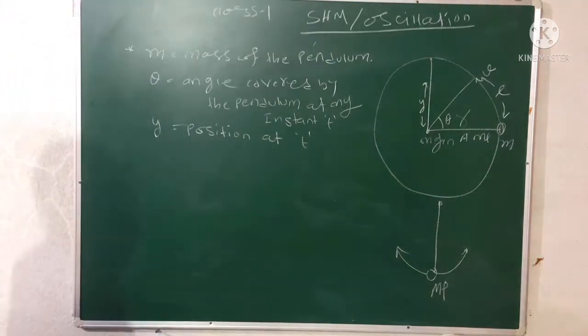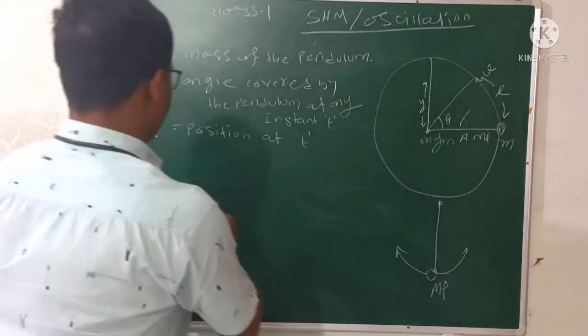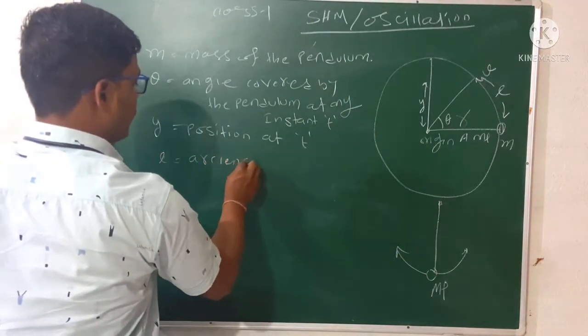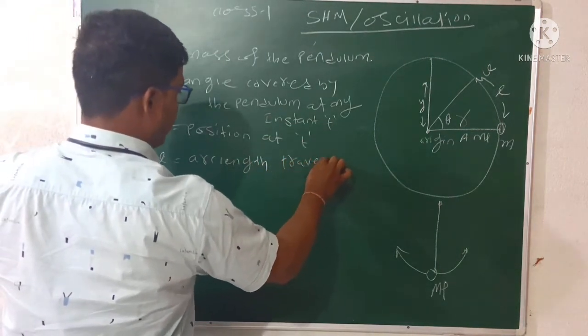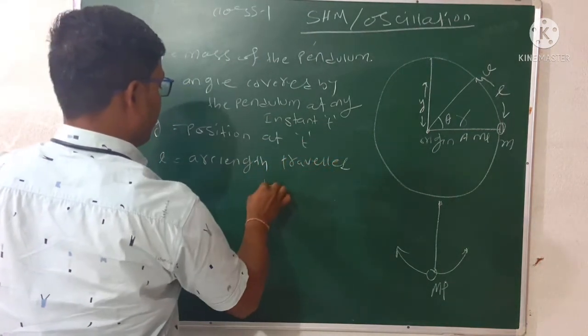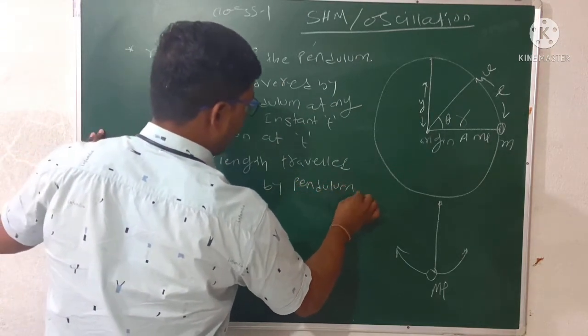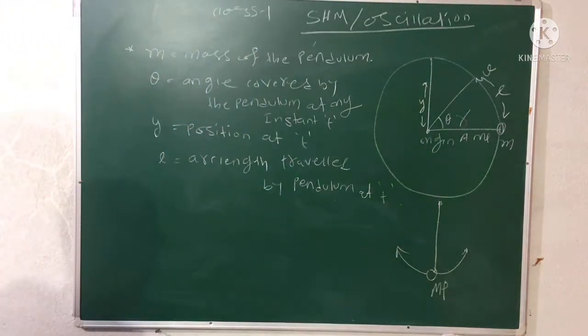Y is the position at time t, and L is the arc length traveled, that means the distance traveled by the pendulum at time t. These are the variables, that means the parameters we have used.